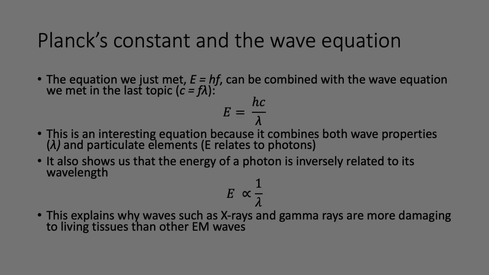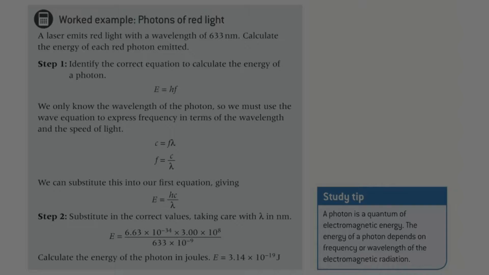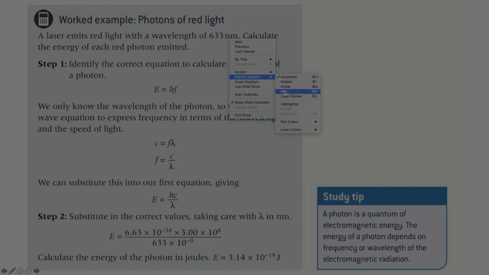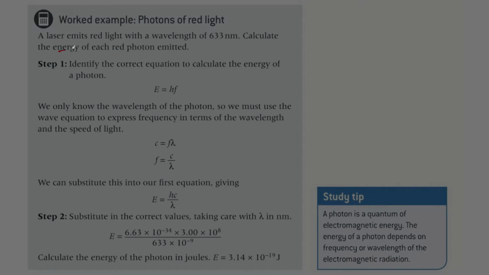Okay, so here's a worked example of how we could apply this equation. So if we have a laser light with a wavelength of 633 nanometers, just turn my pen on. If we want to work out the energy of the photons in this beam of red light, the first step in any calculation like this is to identify the correct equation.